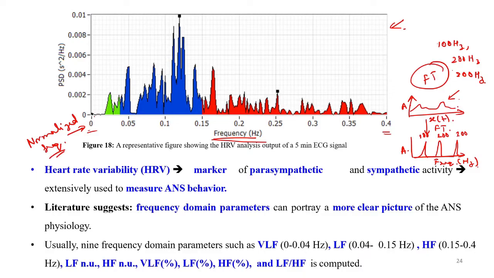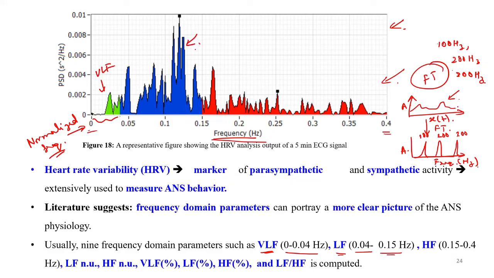Now you can see, after we have performed the Fourier transform, we are getting certain peaks over here. What are these? These are very low frequency. In the normalized unit, the very low frequency component would be 0 to 0.04 hertz. Then low frequency would be in the range of 0.04 to 0.15. So this is VLF, very low frequencies.